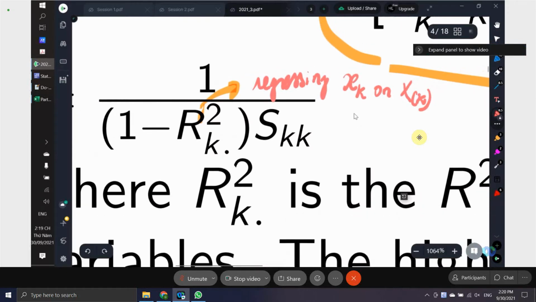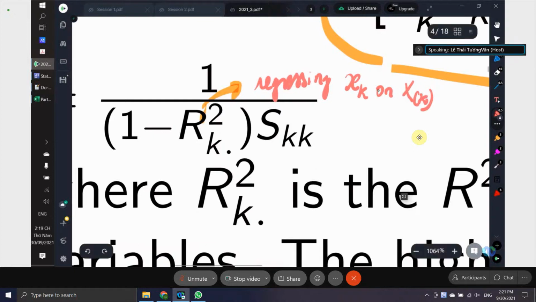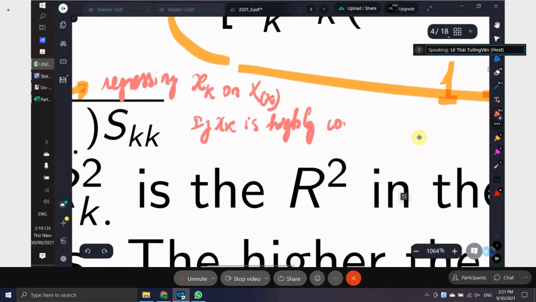Now, ladies and gentlemen, looking at this expression, what happens to this quantity if xk is highly correlated with X-k?